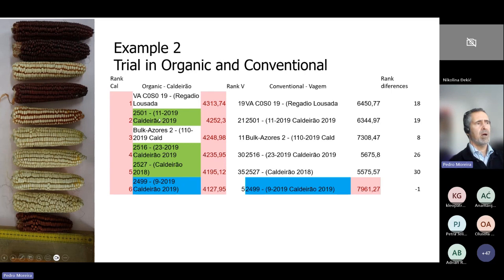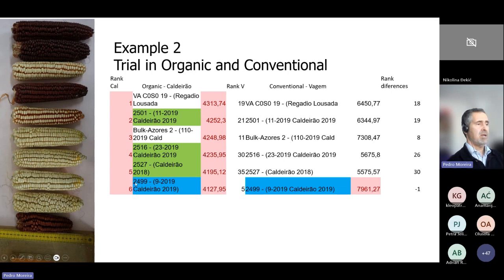Then we have another accession from Azores that was in second place, and when you look at conventional, it goes to the 21st, so the difference is 19. And in some cases you don't have such a big difference.